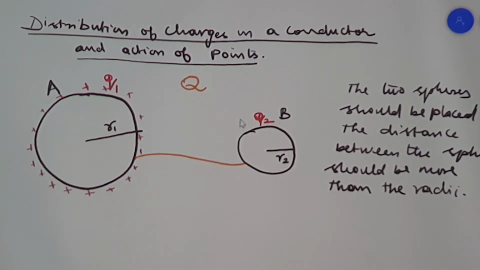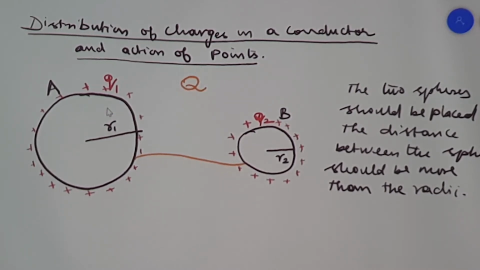Similarly, the charge Q2 is distributed over the surface of B. As we have already studied, inside the hollow sphere we do not have any charge.